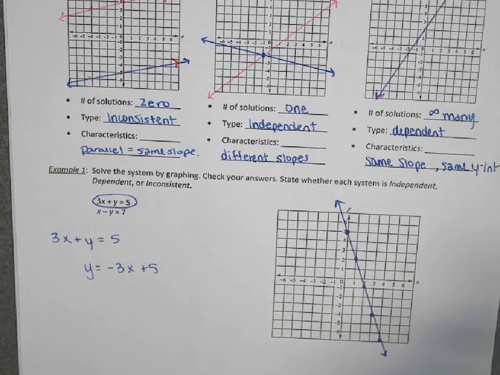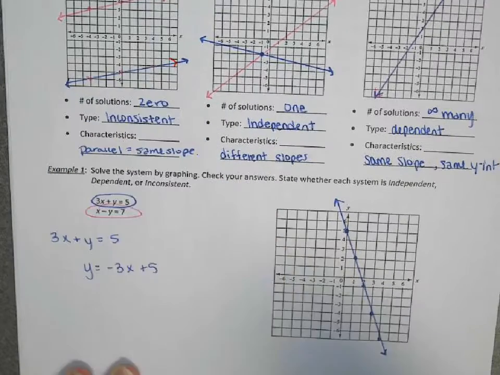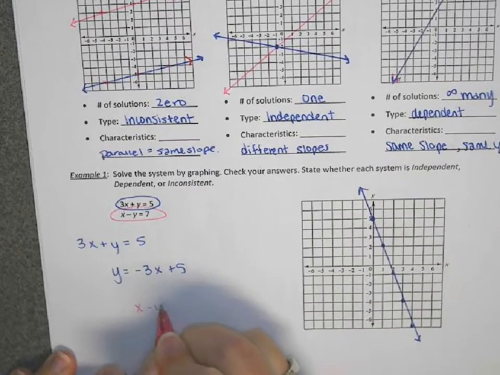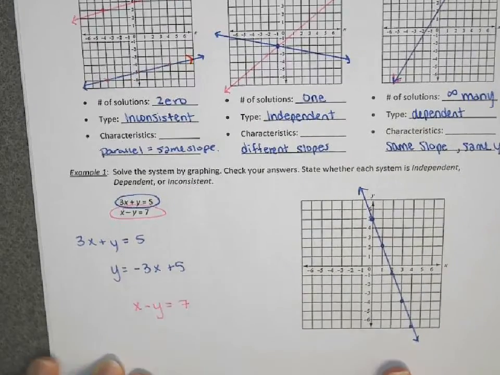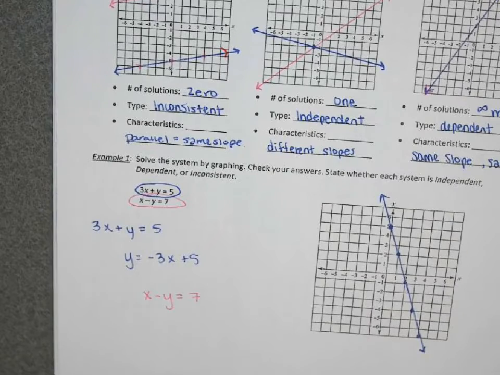All right, the next one is x minus y equals 7. Can I graph that from the way the equation looks? We could. You could find the x and y intercepts and go from there. That one's actually easy.